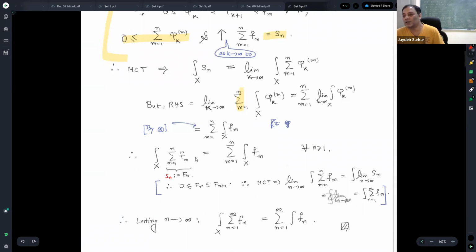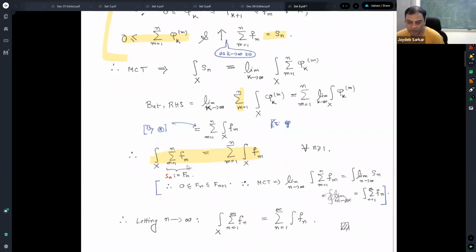So this is to get this, which apparently looks very easy, right? What you did was appeal to the sequential approach. Do you understand what I'm saying? For simple functions, if fm are simple, then we know this equality is true, correct? But fm in this consideration need not be simple.